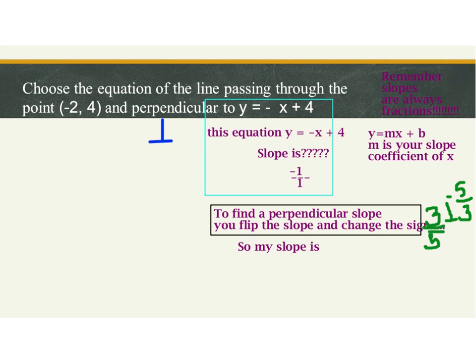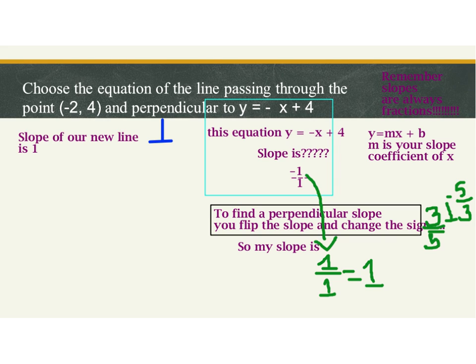They're perpendicular because they have different signs and they're flipped. So for this one, -1 over 1, if you flip it, you're going to get 1 over -1, but then you change the sign and it becomes positive. Well, 1 over 1 is still just plain old 1. So it kind of is a little weird that way. So the slope of our new line is 1.